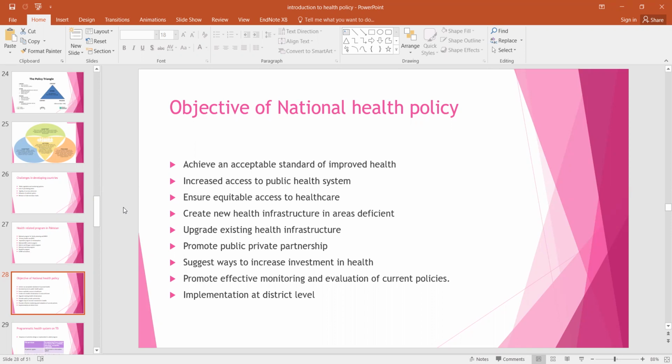Then there is a chance that the policy is successful.